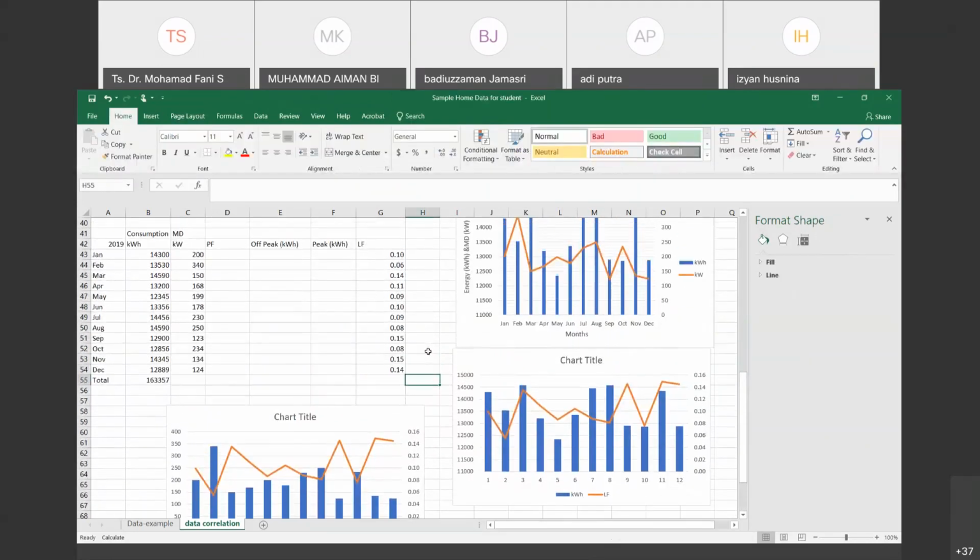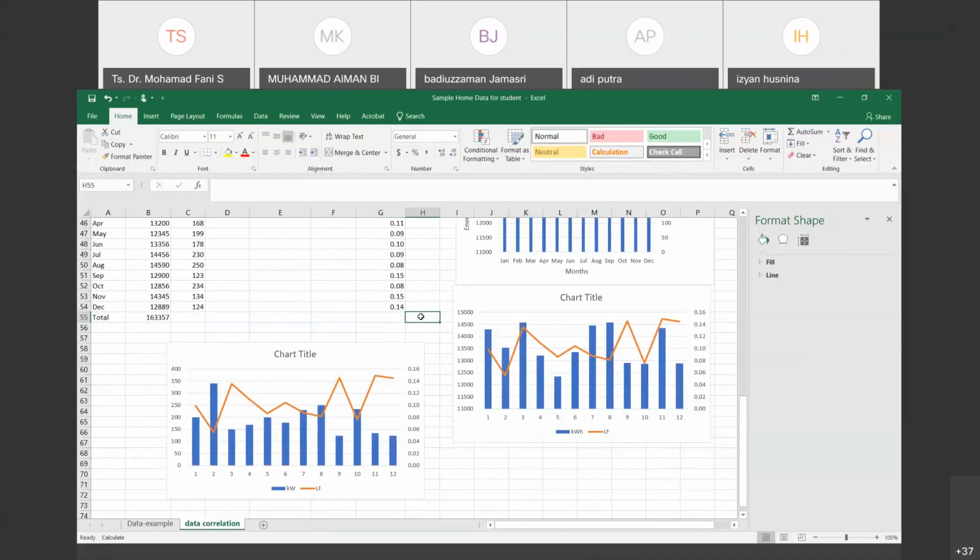So when the load factor is improved, that shows good practice for balancing the consumption and reducing the maximum demand. Something like this, okay?